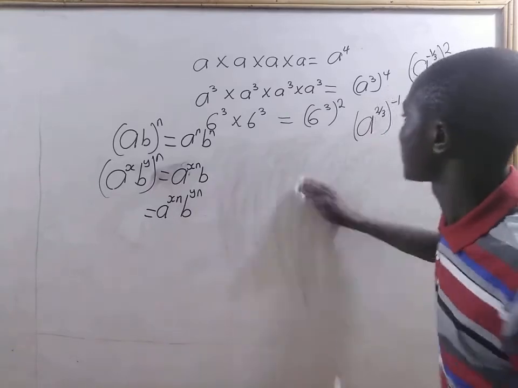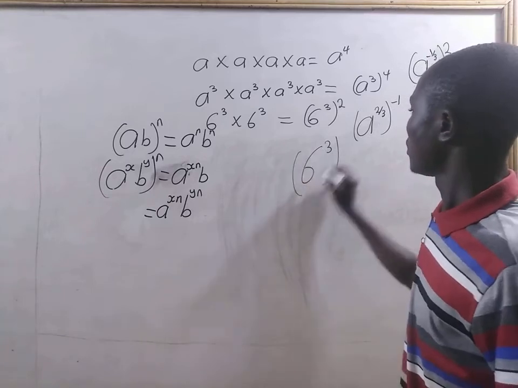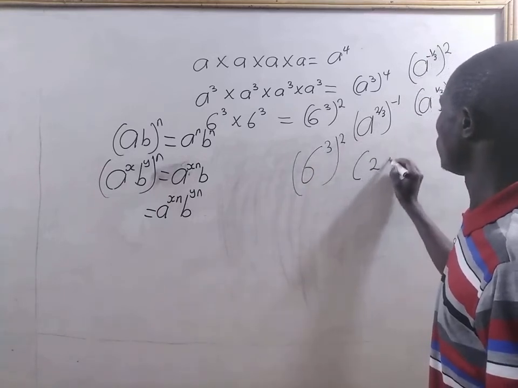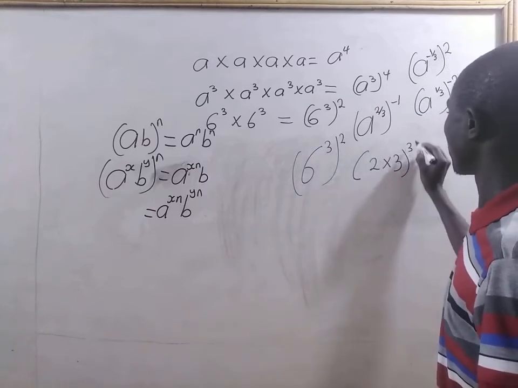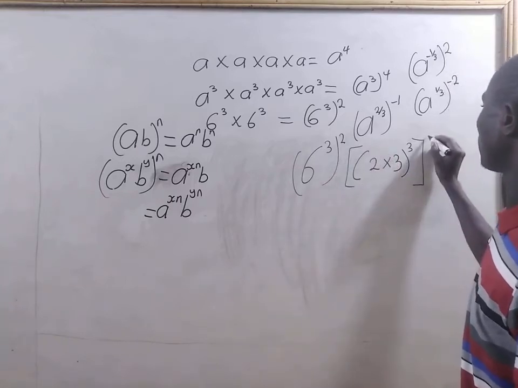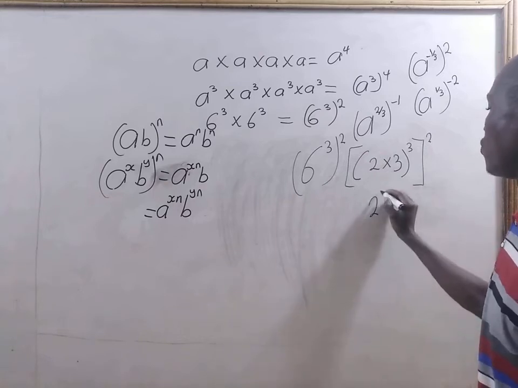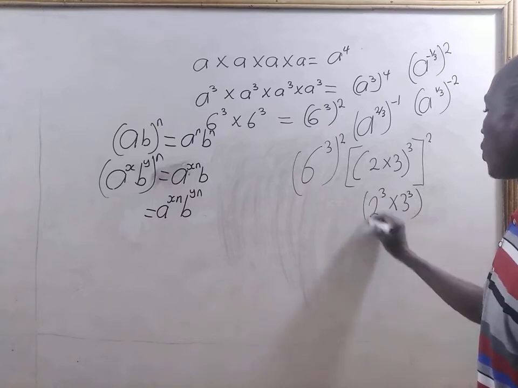So we can see that if I write 6 power 3 all squared, the 6 is the same as 2 times 3, and it is having power 3, and we are having power 2. So this means that we are going to get 2 power 3 times 3 power 3 all power 2.